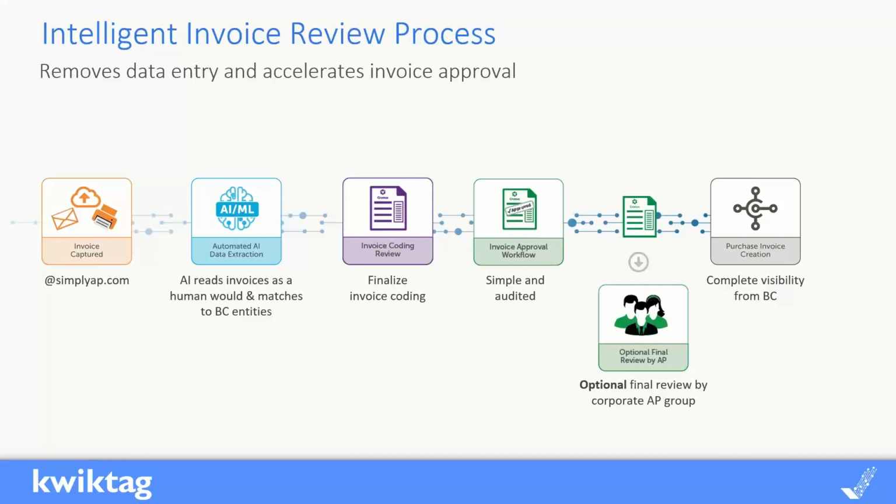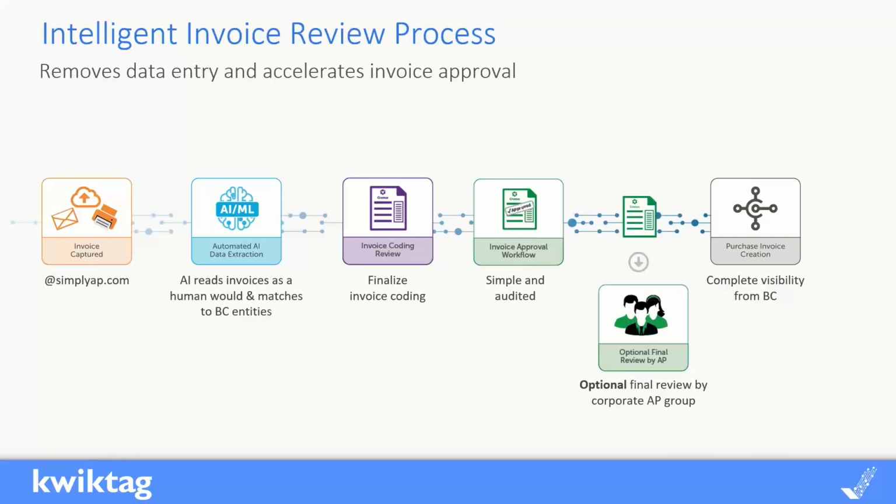Now, the second process is what we call intelligent invoice review. Now, what that means is that typically it's going to be not related to a purchase order, and this invoice is going to require some additional coding. It might need some additional approval. It might exceed a threshold that needs a second level approval, that sort of thing. But the same process applies to getting the invoice in and the way we read it. So we'll email the invoice in to SimplyAP.